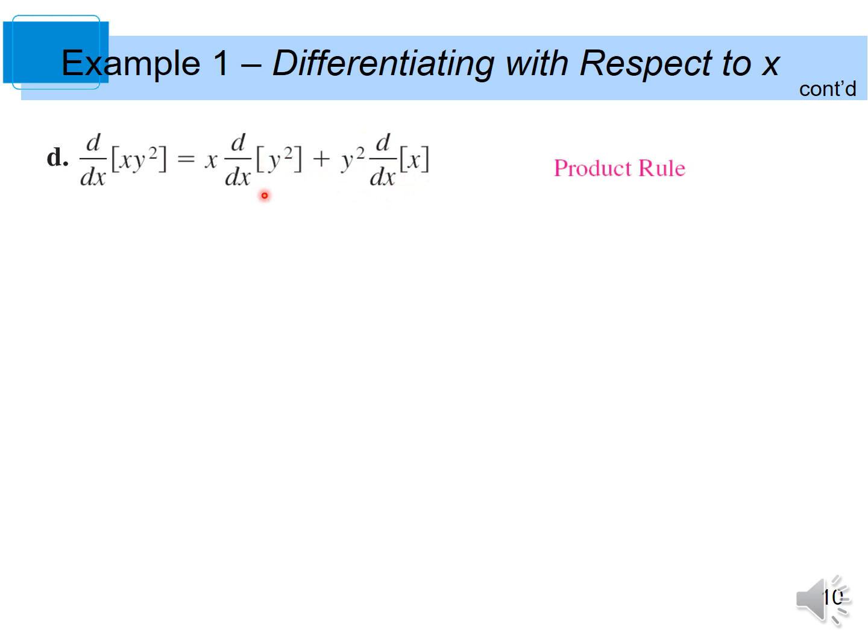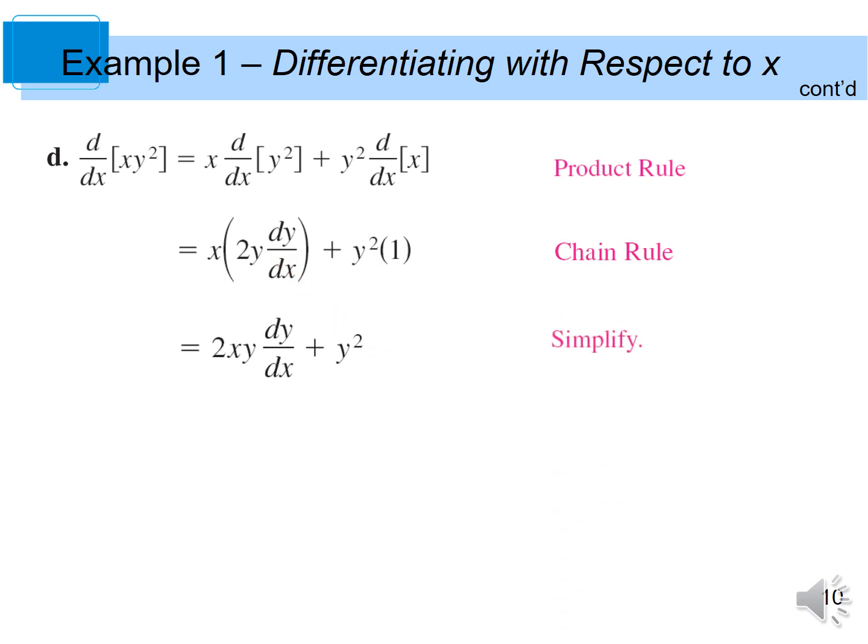But for the first term, differentiate the y squared with respect to x, the variable does not agree, so we use chain rule. We differentiate y squared with respect to y times dy dx. So we have 2y dy dx, and we simplify our answer.